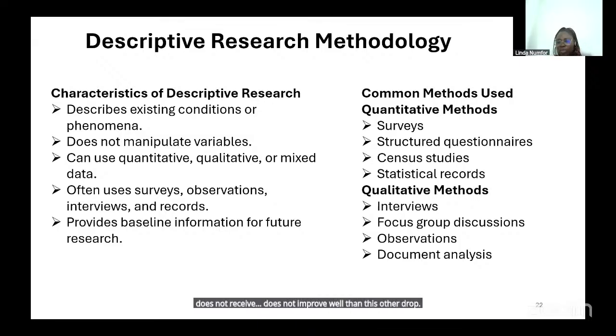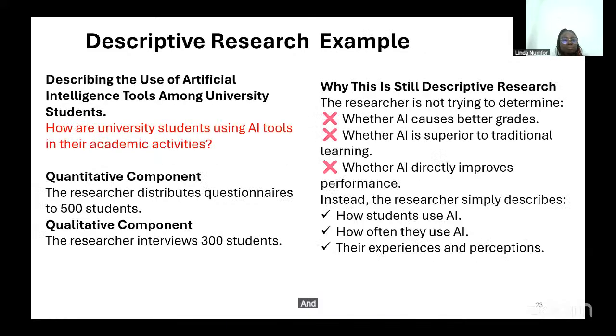Then with qualitative methods, you have interviews, focus groups, observations, and document analysis. Some examples: okay, let's describe the use of artificial intelligence tools among university students. So the research question is, how are university students using AI tools in their academic activities?